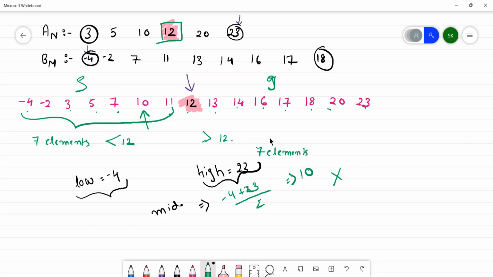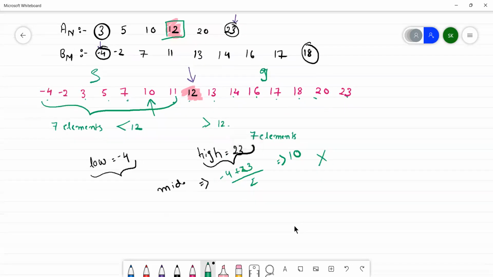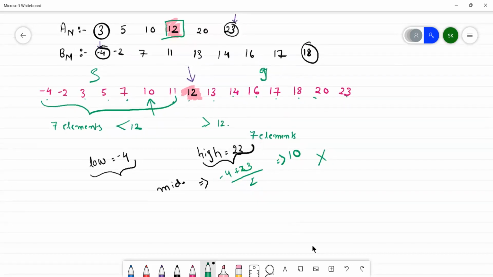Okay. In this particular case, what do we need to do? If the number of smaller elements is less, then you should be moving your low, right? You should be moving your low to mid plus 1, correct?